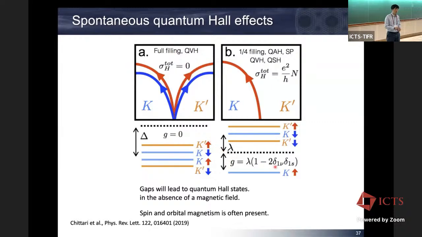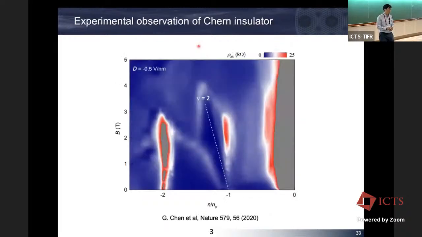But as soon as you fill only one of them, or only a small selection of them, you would start getting all these quantum anomalous Hall phases with a finite charge Hall effect. And actually, this kind of system was measured experimentally. Again, this is a resistivity as a function of density and as a function of magnetic field. They observed a nu equal to 2 phase.